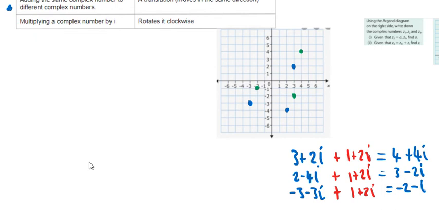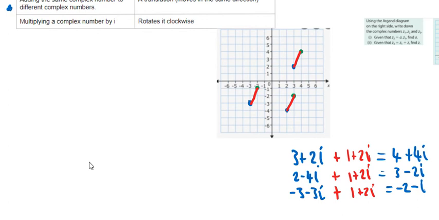Hopefully it looks obvious, but what actually happens is this one has moved up there, this one has moved up there, and this one has moved up there. So they all move in the same direction.